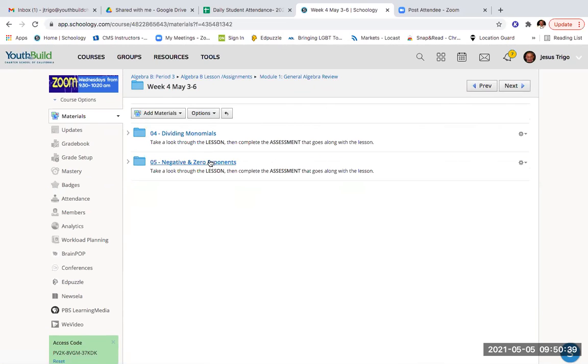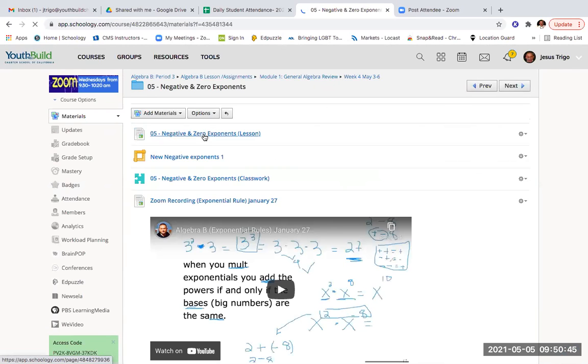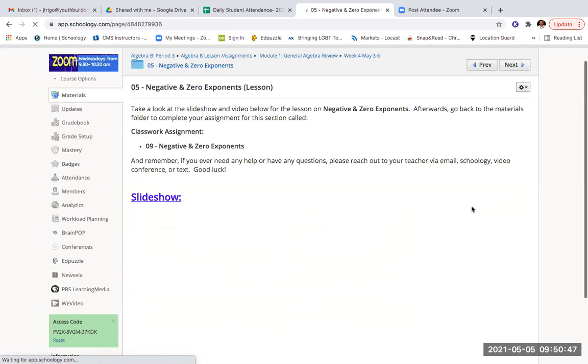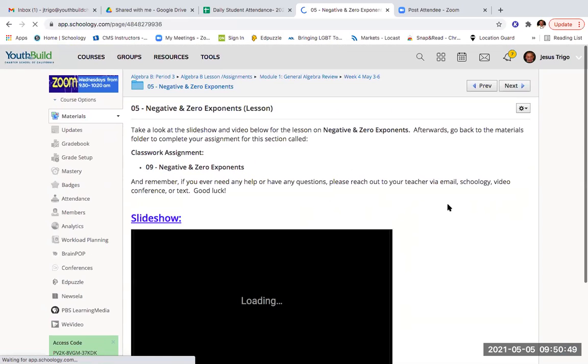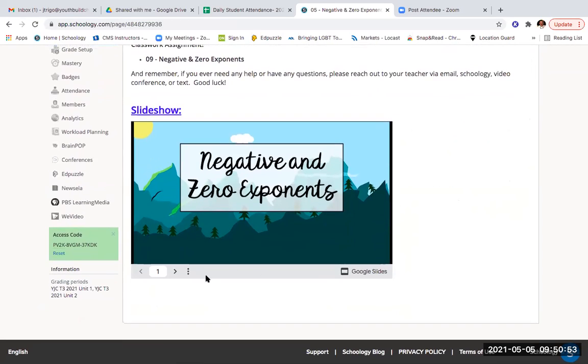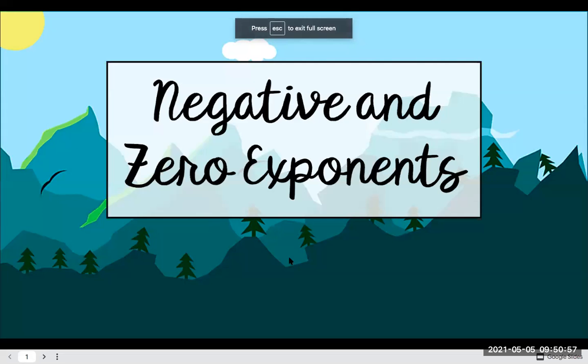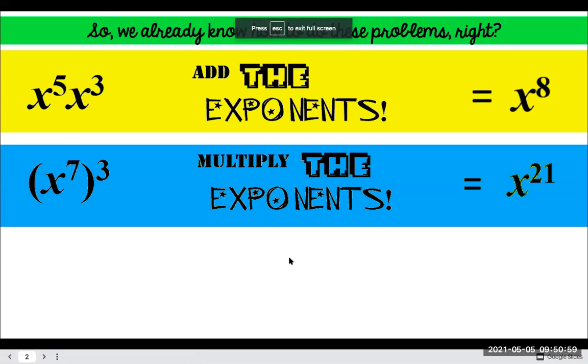So now let's talk about negatives and zero power rules. There are a couple of rules that you need to know about exponentials. This is from last week.